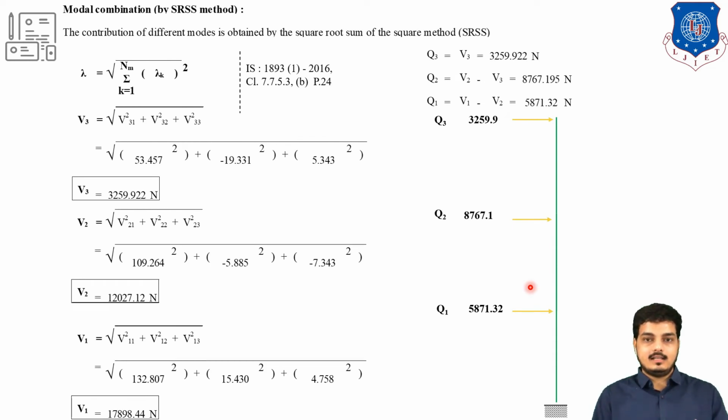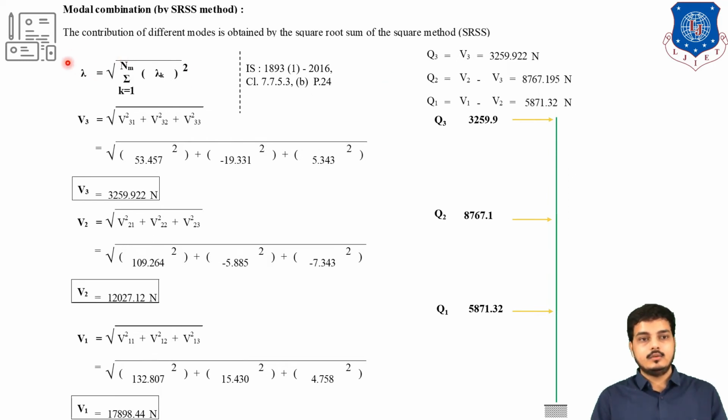Now last, here we will be finding out the modal combination by the SRSS method. The contribution of different mode shapes is obtained by the square root sum of squares method, SRSS method. In this method we will be finding out the contribution of each floor.